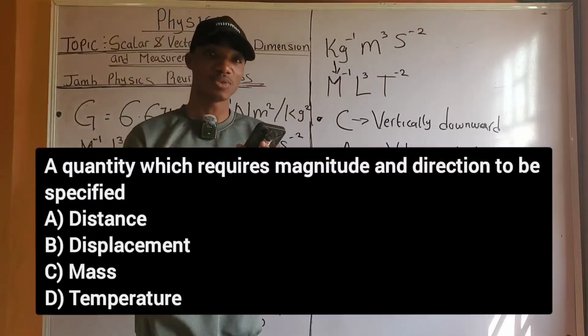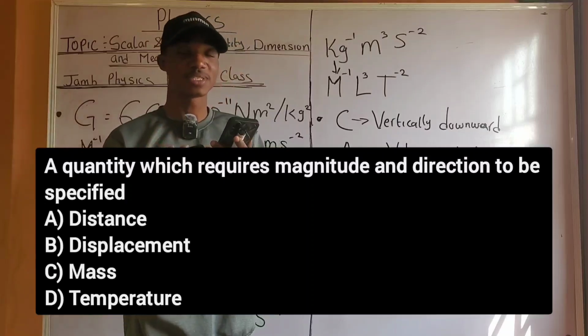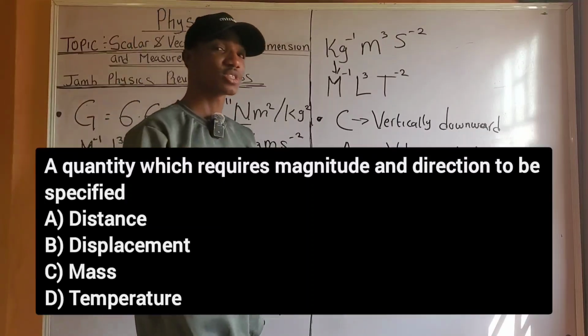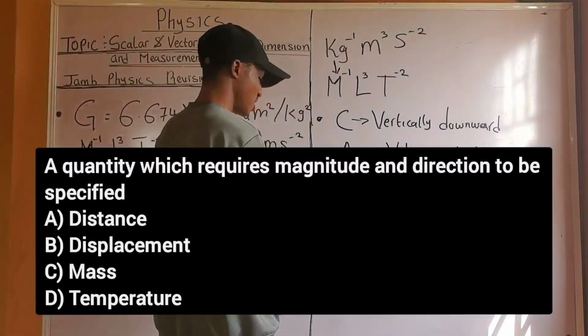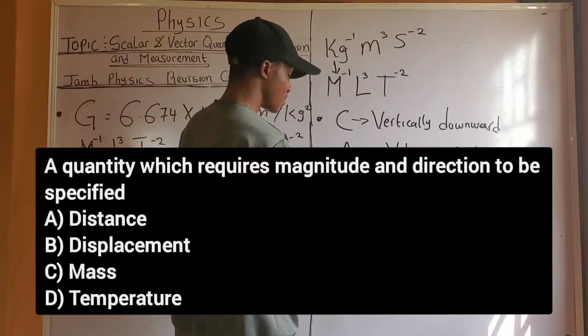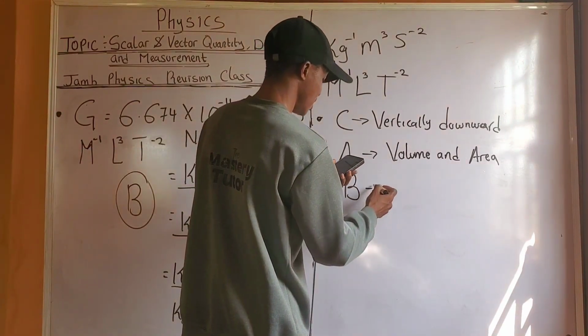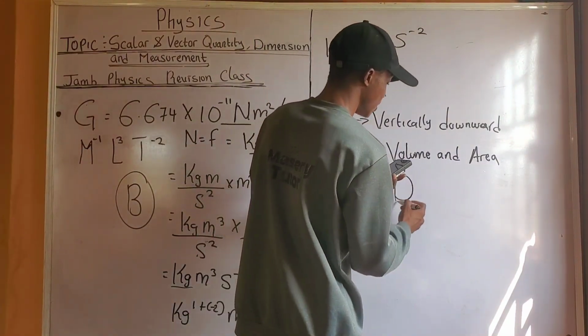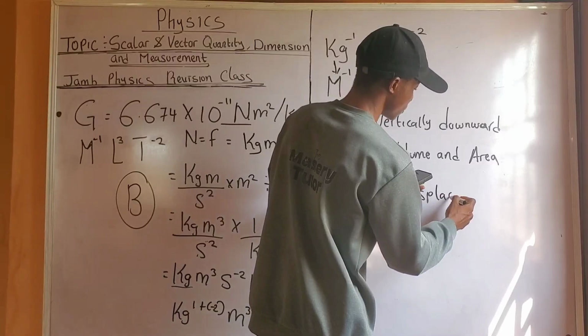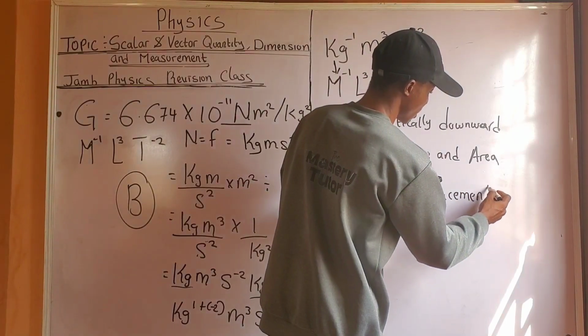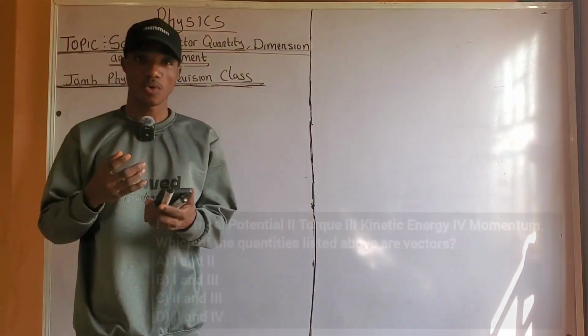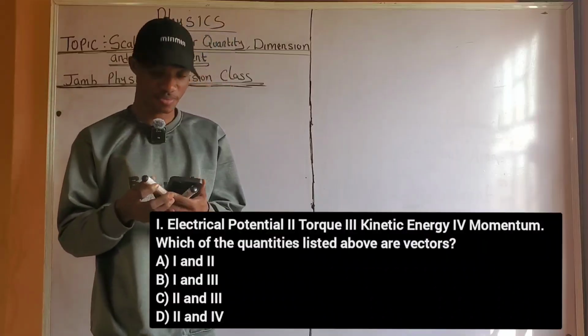Distance is a scalar quantity. Okay. Displacement is a vector quantity. That is the shortest distance traveled by an object. So the correct option to that question is option B. Option B is correct. Displacement. Okay, let's look at the next question.